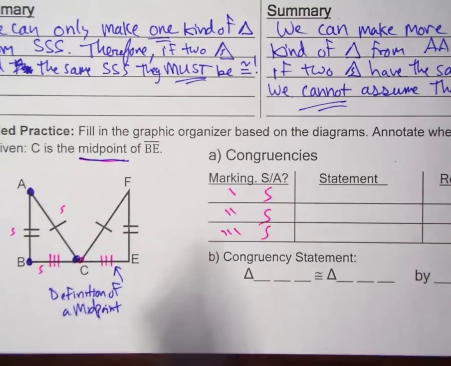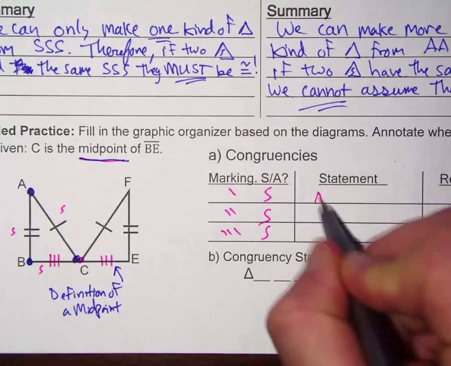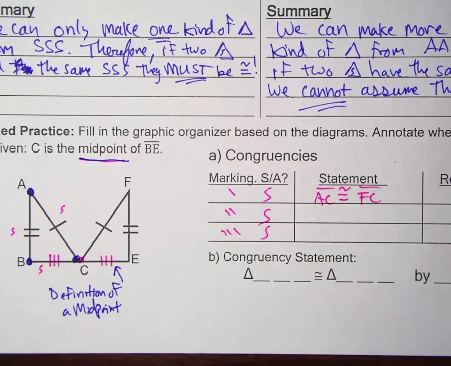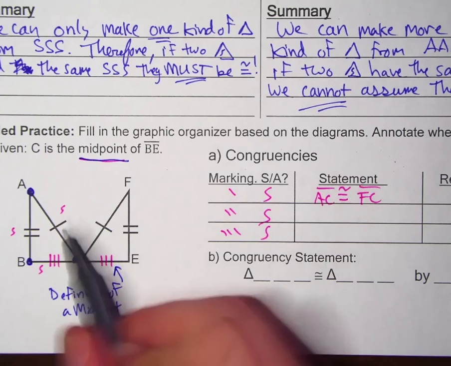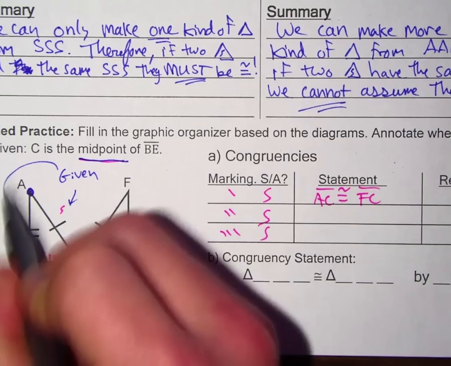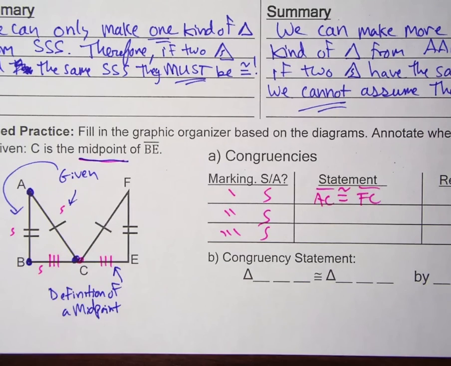I'm going to start with my 1 tick. I'm going to say segment AC is congruent to segment FC. Again, watch the order. What's the reason for that? Well, if you look over here, it was already marked up for us, wasn't it? So that was just given to us. Same thing with this one here, the 2 marks. So given will be my reason over here.